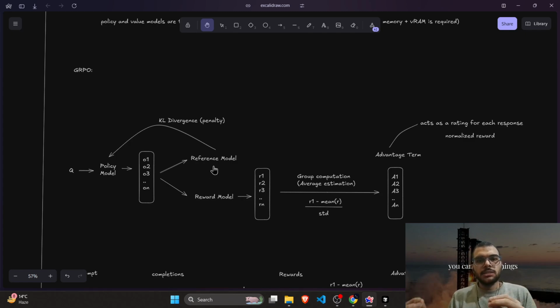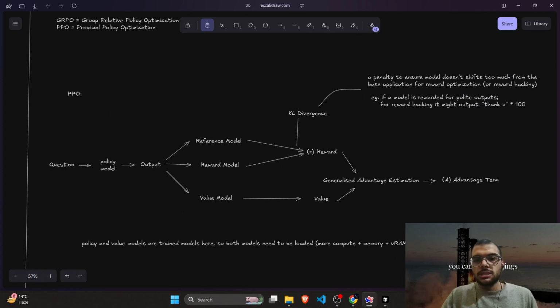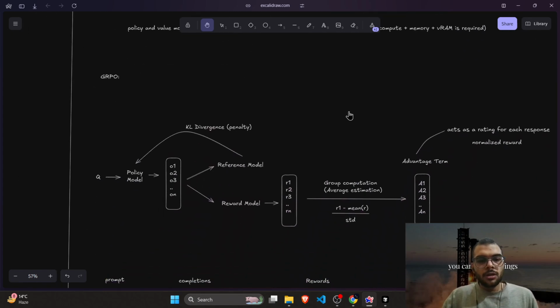The reference model here is the base model which we are using. Say you are fine tuning and you took a base model of Llama 3.1 8B, that would be the reference model here. From the reference model, we do the KL divergence, the penalty we discussed above, which keeps the model from diverging a lot from its base nature.